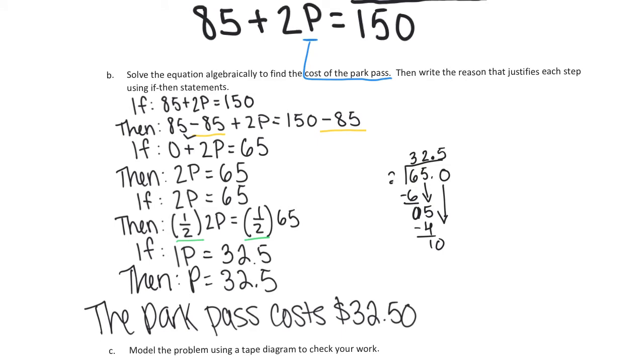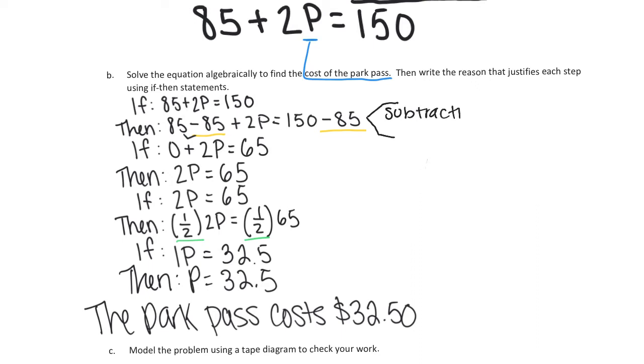Now real quick, let's review this problem. We see that we have our equation, and go ahead and write this down, okay? We take the subtraction property of equality for the additive inverse of 85.